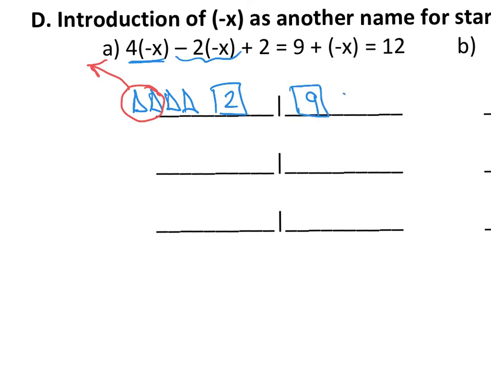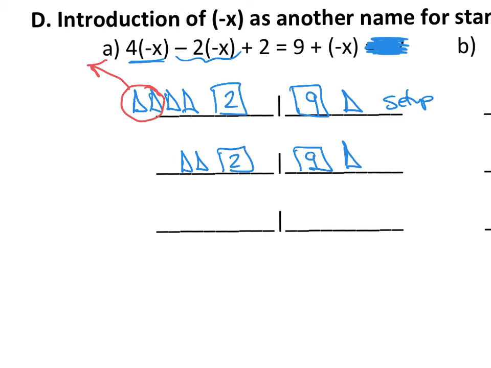Plus negative x, which is white pawn. Sorry, that's a typo. Get rid of that. And so now that's our setup. Sorry, the 12 threw me off. So let's go ahead and reset. White pawn, 2, 9, white pawn.